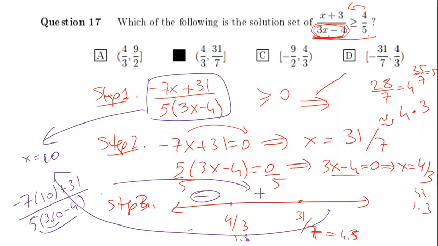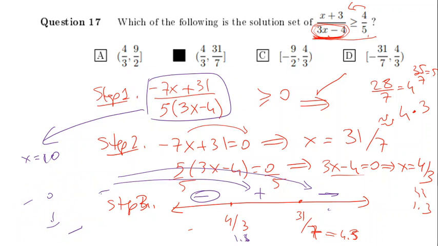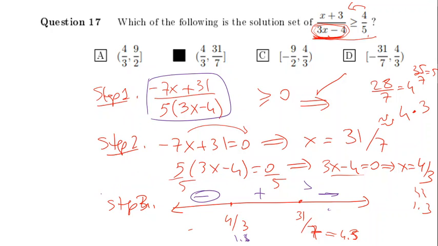This is 30, so this will be a positive number. This is negative 70, plus 31. It will be a negative number, negative divided by positive, so it will be a negative number again. So then we have this sign.